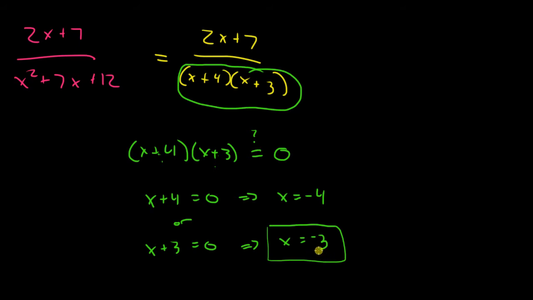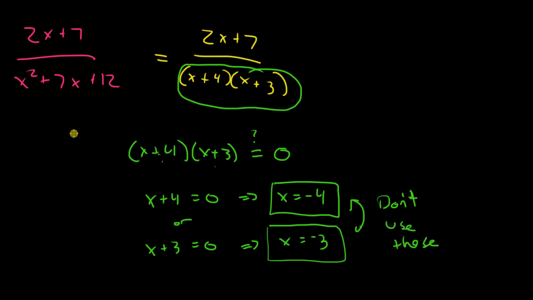X equals negative 3 leads to disaster. But now we know x equals negative 4 also leads to disaster. So never plug these in. Don't use these in this problem. You can use them somewhere else, but never use them in this problem, because then you're dividing by 0, and dividing by 0 is forbidden.